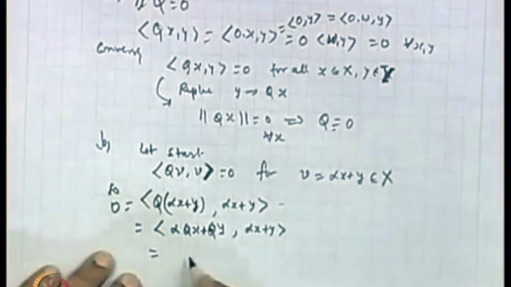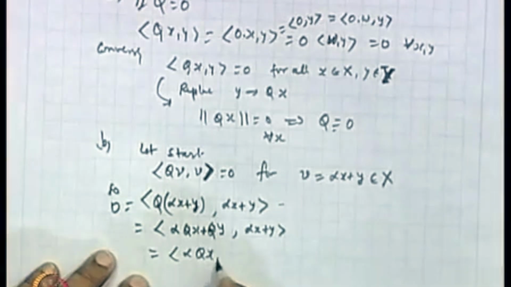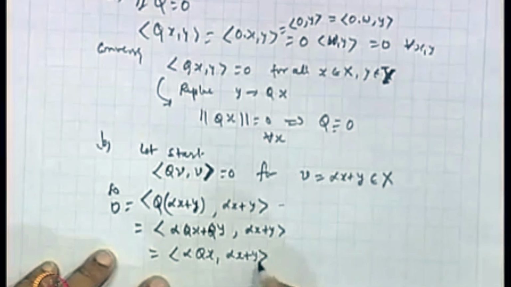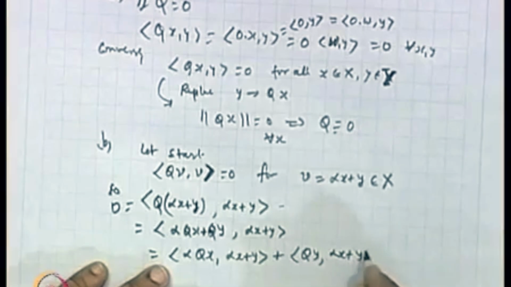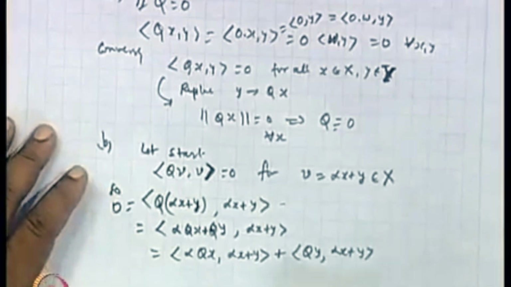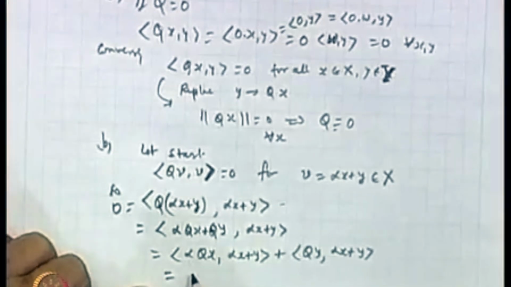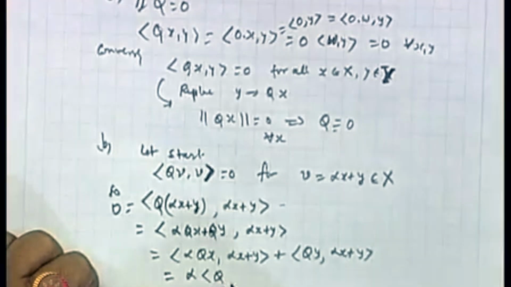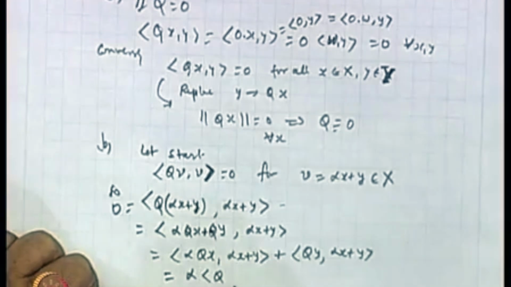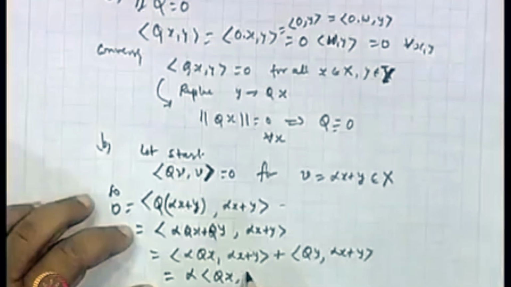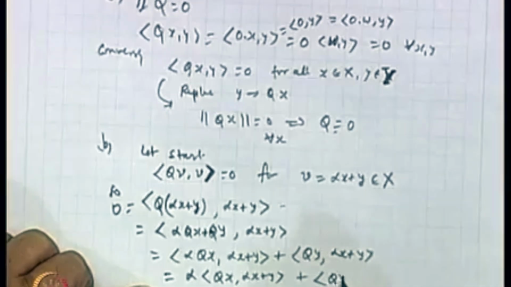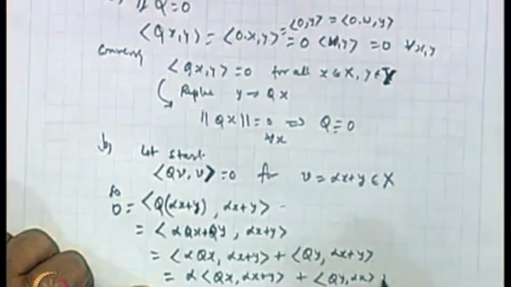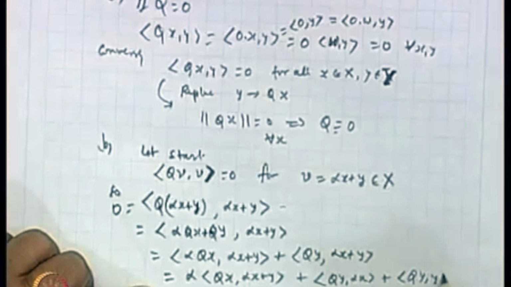So this will be equal to the inner product of ⟨αQx, αx + y⟩ plus ⟨Qy, αx + y⟩. Now this will be equal to ⟨αQx, αx⟩ + ⟨αQx, y⟩, then ⟨Qy, αx⟩ + ⟨Qy, y⟩.